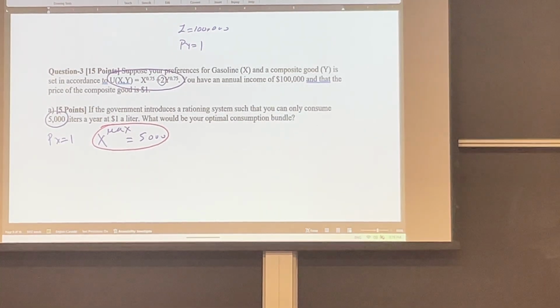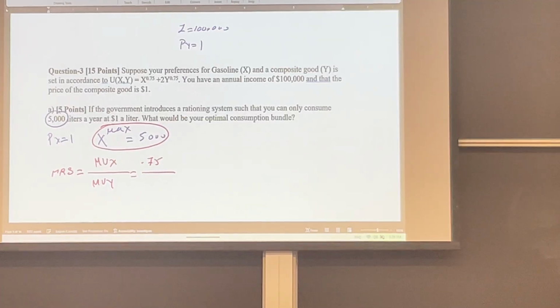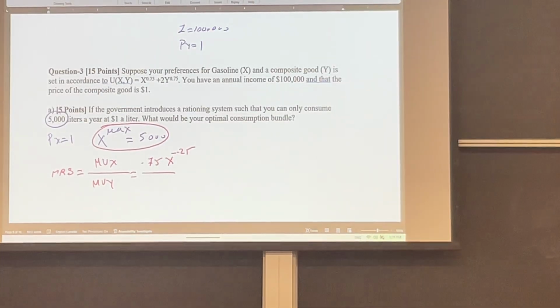We're going to find the optimal bundle, and for that we need MRS. What's the MRS there? You need to take derivatives and find it. What is MUX? That is MUX. I took a derivative, right? What is MUI?